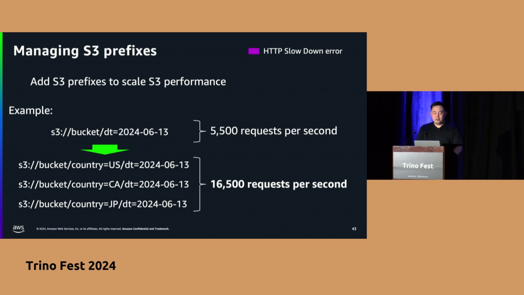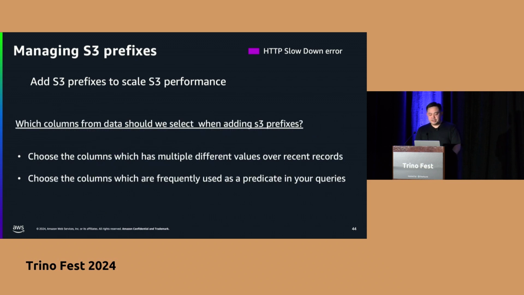So if we create 3 prefix in the S3 bucket to parallelize reads, you could scale your read performance to 16,500 read requests per second. This solution is really important for mitigating the HTTP slowdown error in Amazon S3. As an example, I use the country column to add S3 prefix.